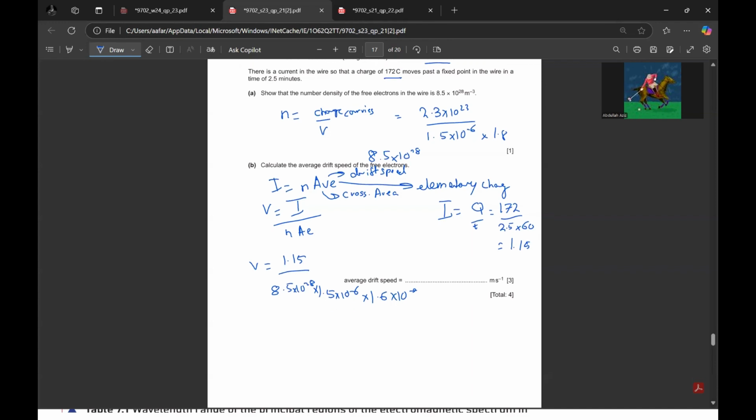So that is 5.6 into 10 power negative 5.